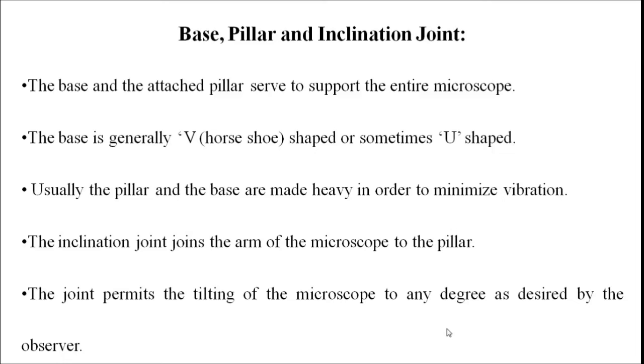The pillar and the base are heavy to avoid vibrations of the microscope. In addition, the inclination joint joins the arm of the microscope to the pillar, and because of this joint, the tilting of the microscope to any degree can be carried out.